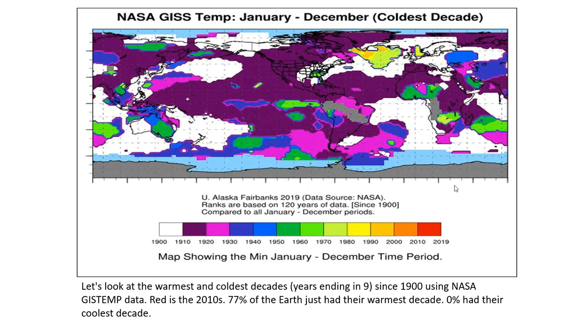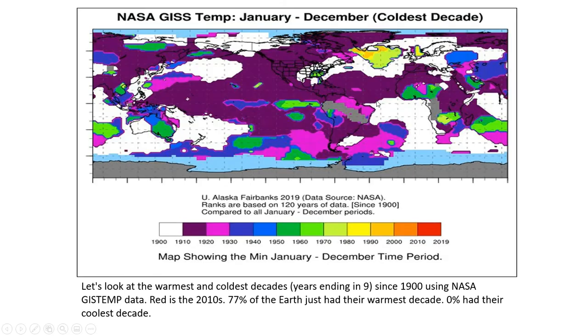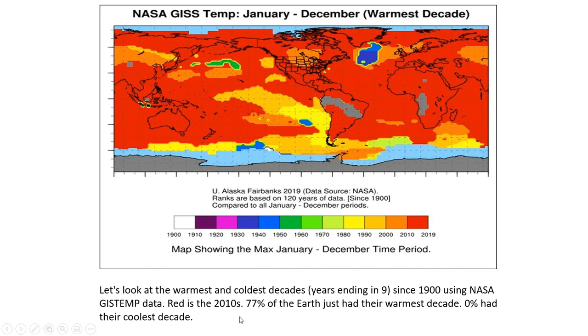Now let's look at the warmest and coldest decades. Okay. So the previous showed the warmest decade. This now shows the coldest decade. In the 1910s, maybe into the 1920s or 1900s. So in other words, this dovetails with this statement: 0% had their coolest decade in the 2010s.